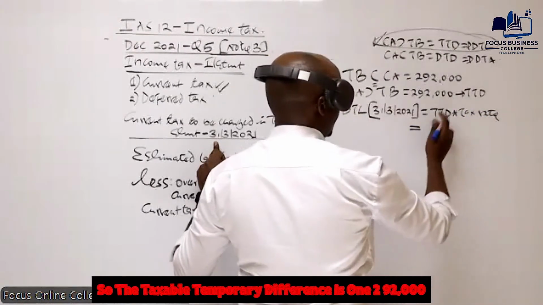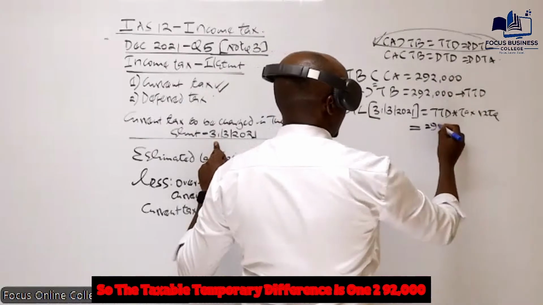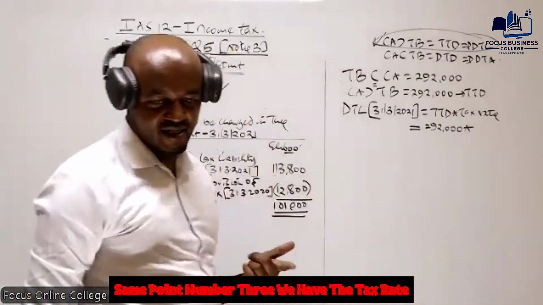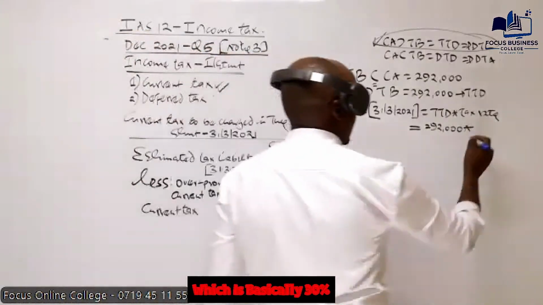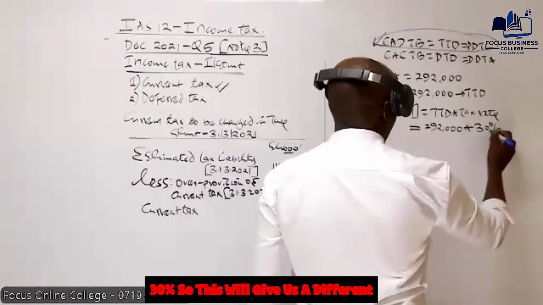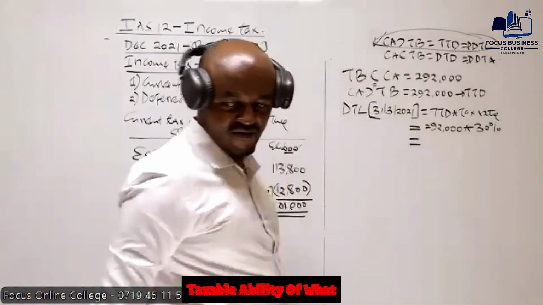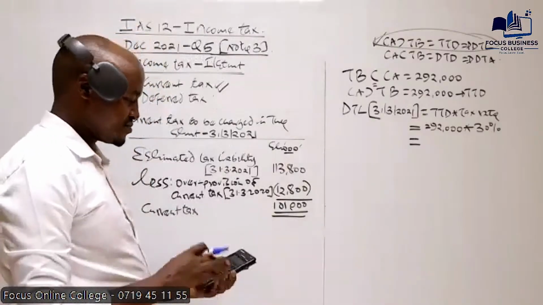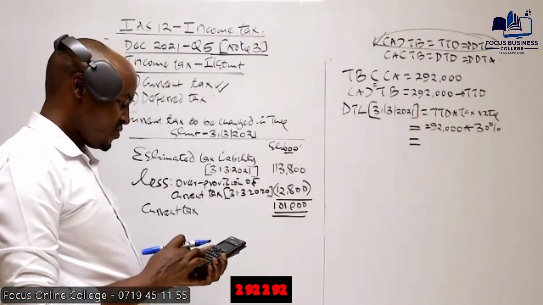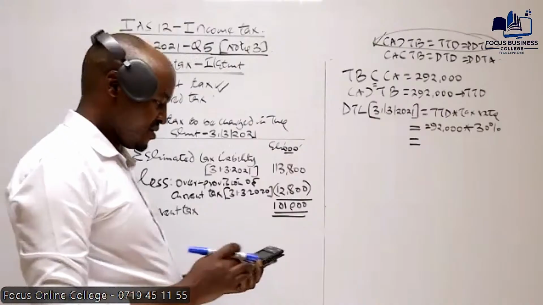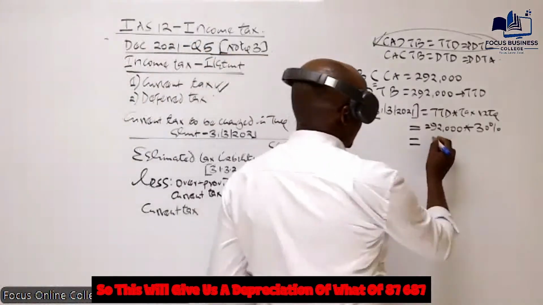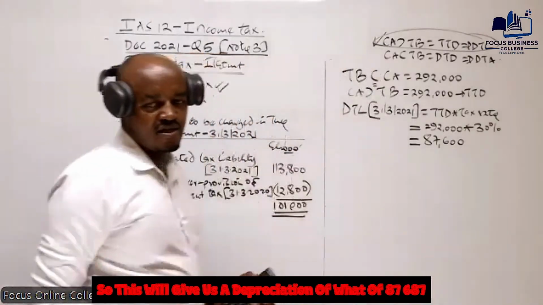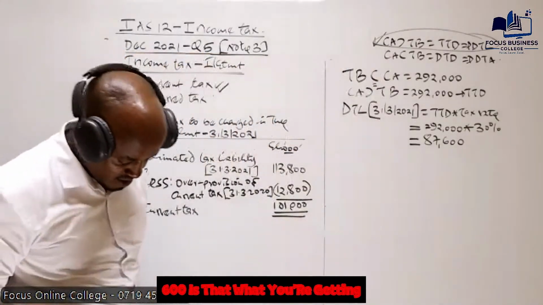The taxable temporary difference is 292,000, and in the same note number 3 we have the tax rate, which is 30%. So this will give us a deferred tax liability of 87,600. Is that what you are getting? 87,600.